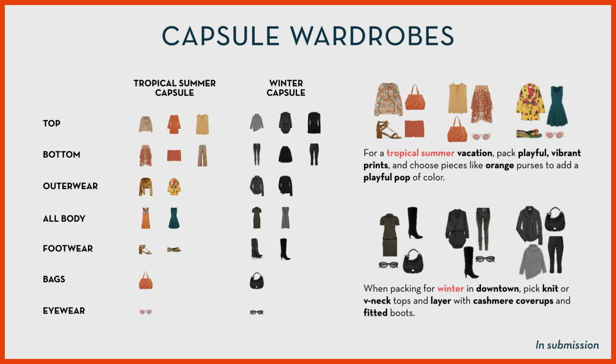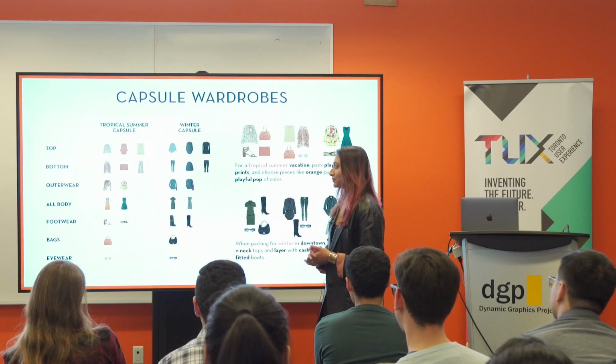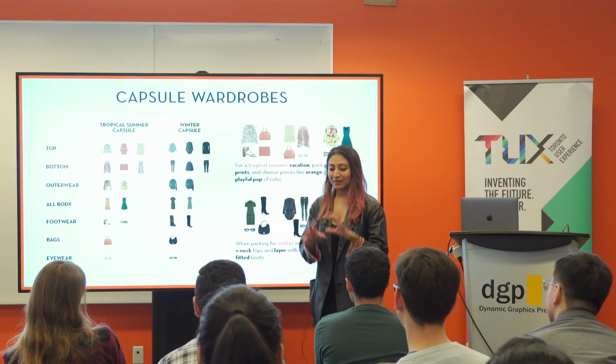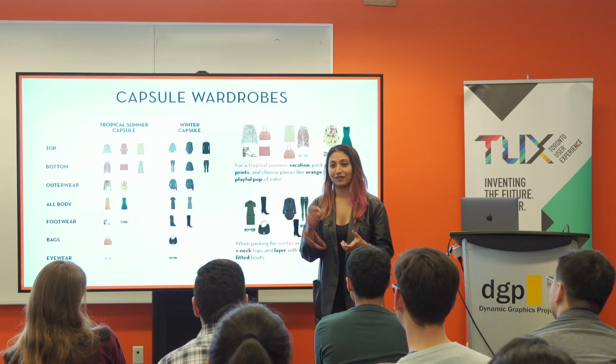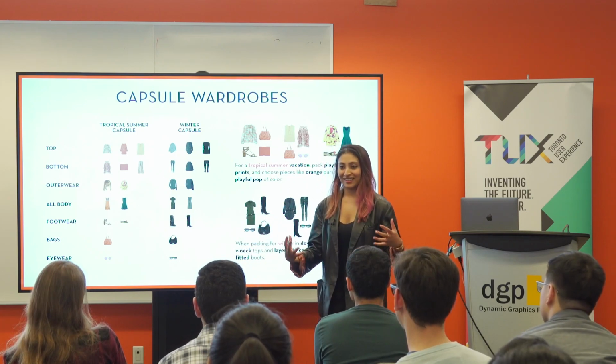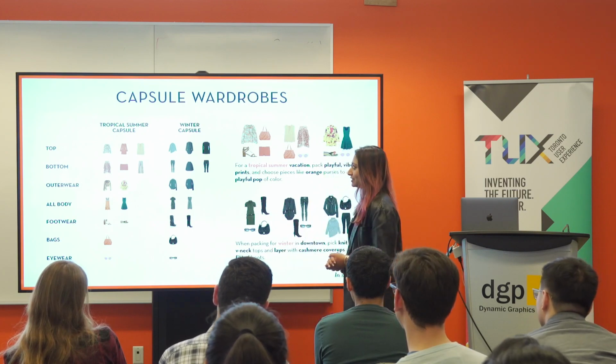Okay, one person. It's a phenomenon in fashion right now that's trending, where you basically maximize the number of outfits you can create, but minimize the actual number of items, so you can reduce your wardrobe, but still have maximal versatility.